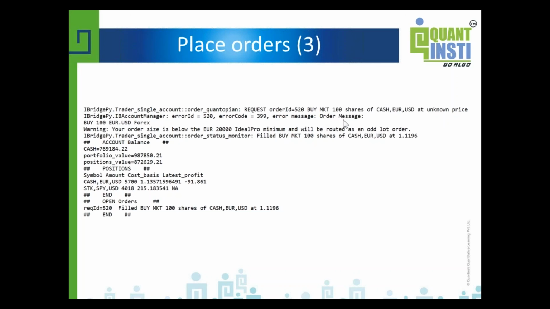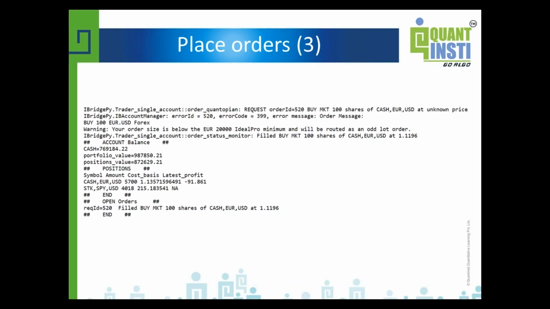Okay, and then I prefer to print the account balance to show the result. Positions will show up here. This one is 5,700, because before I placed this sample order, there was a position already there.